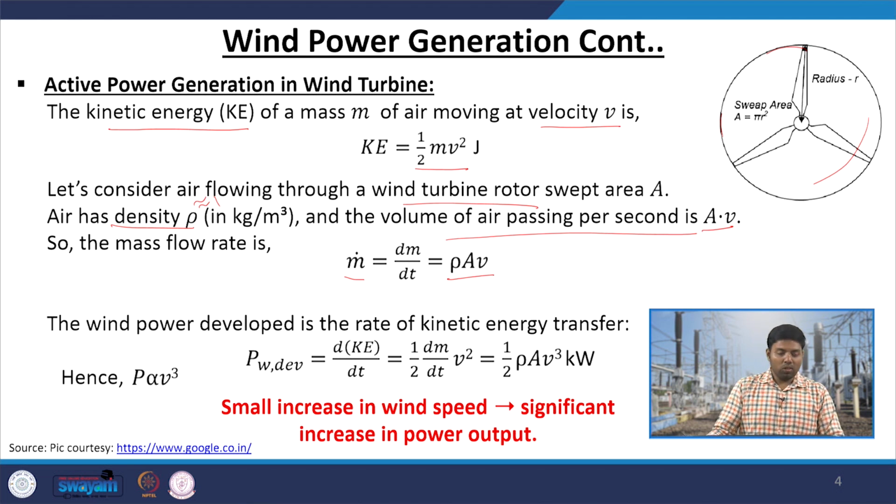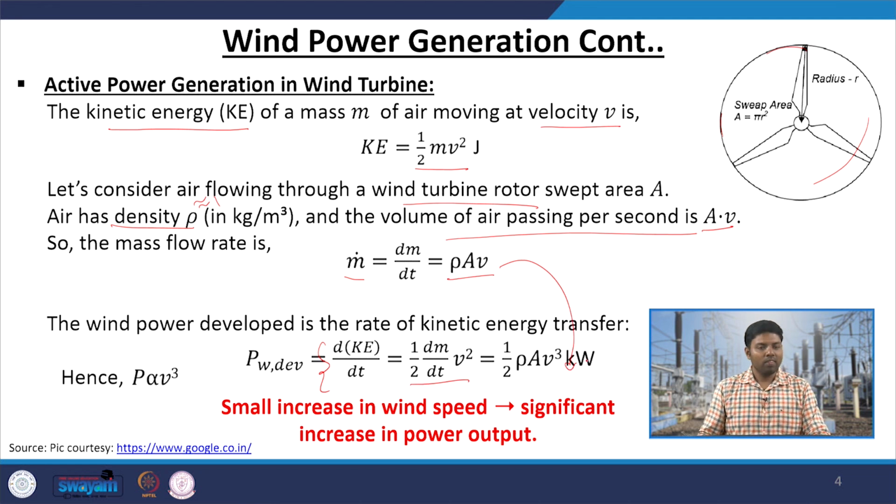So, the wind power generated will be the change in energy with change in time. If you take d kinetic energy by dt, then you have half of dm by dt into v square, and if we put that value here, we will get the total rated capacity of a wind power plant.